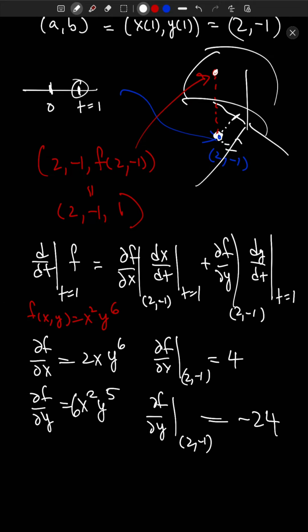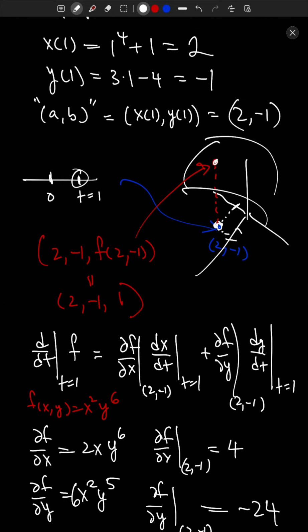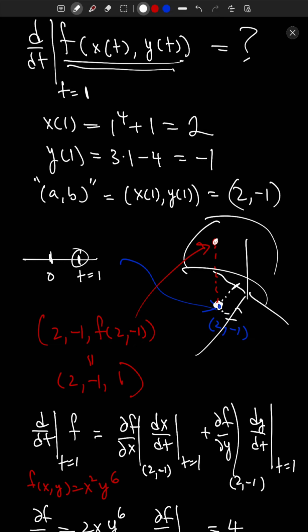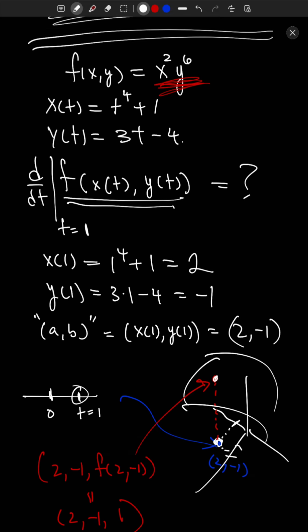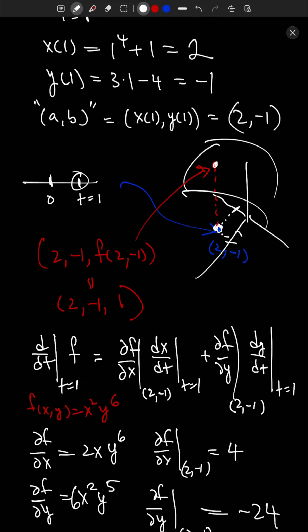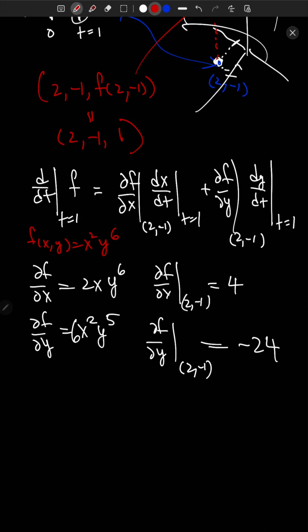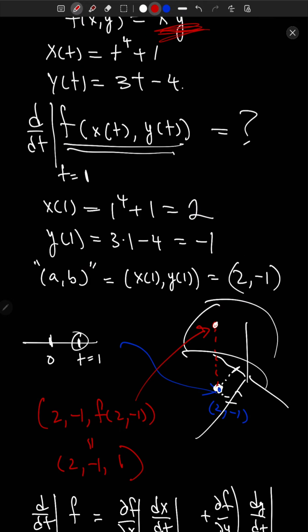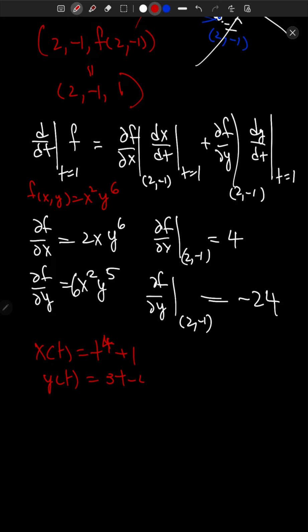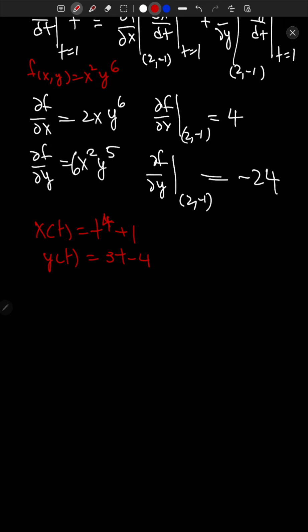Okay, dx/dt at t equals 1. I guess I should calculate that, or did we? No, we haven't calculated that. So x of t is t to the 4th plus 1, and y of t was 3t minus 4.